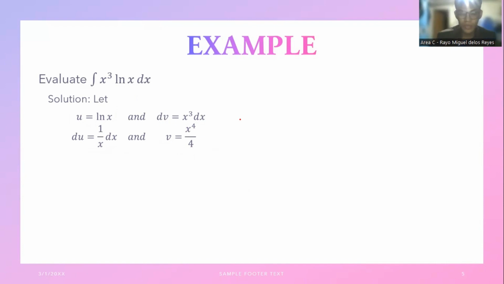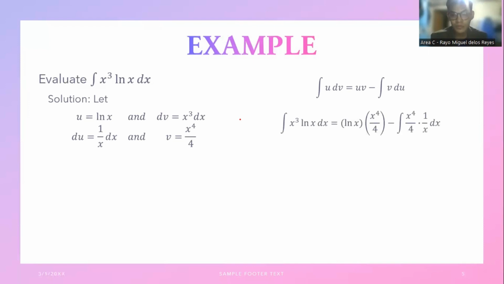Ayan. And then, use the formula of the integration by parts. Ayan, then substitute. So we have the ln of x times x raised to 4 over 4 minus the integral of x raised to 4 over 4 times 1 over x dx. And then simplify lang natin. So magiging x raised to 4 over 4 ln of x minus the integral of x cubed over 4 dx.